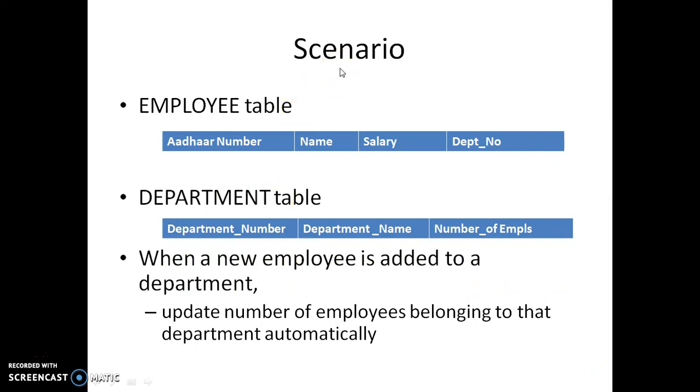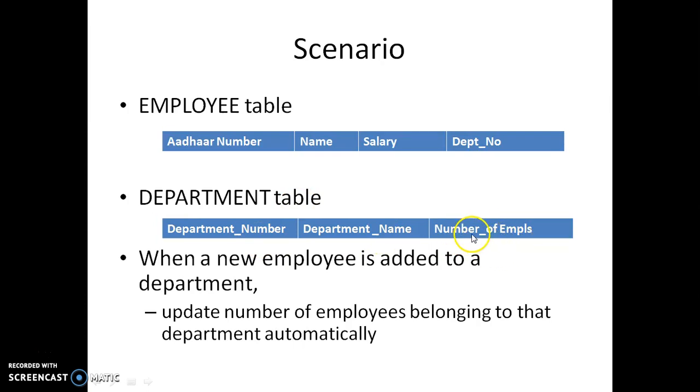Consider this scenario. We have two tables. One is called the employee table. The other one is called the department table. In the employee table, we have fields like Aadhaar number, employee name, salary, and which department he belongs to. Here we record the department number of the employee, and in the department table we have department number, department name, and number of employees.